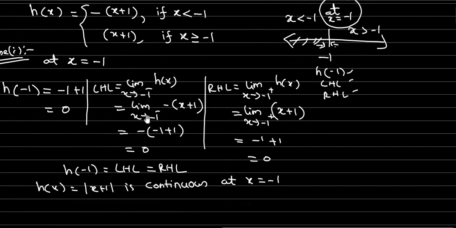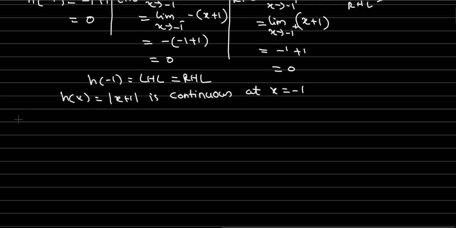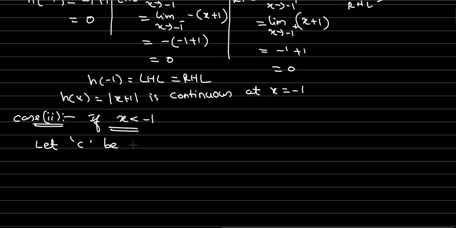Okay, x is less than minus 1. Case 2, if x is less than minus 1. If x is less than minus 1, we have infinitely many real values lying in that particular range. So now let c be any common name we can have. Let c be any real value, at the same time c should be less than minus 1.